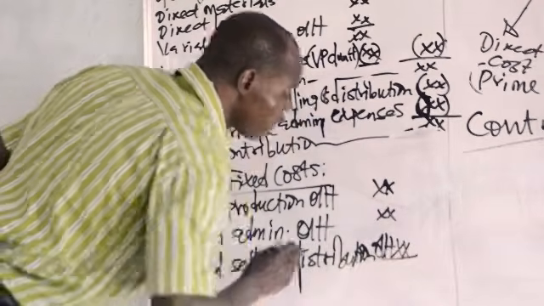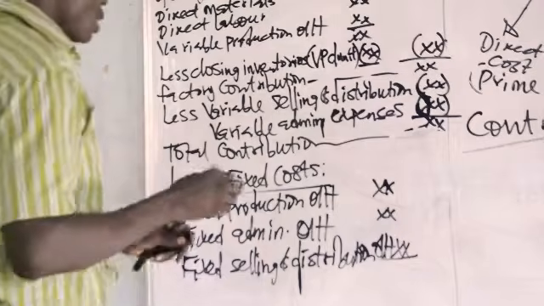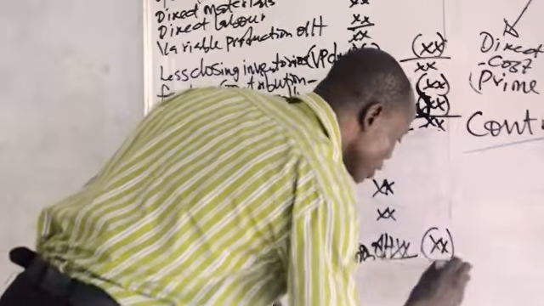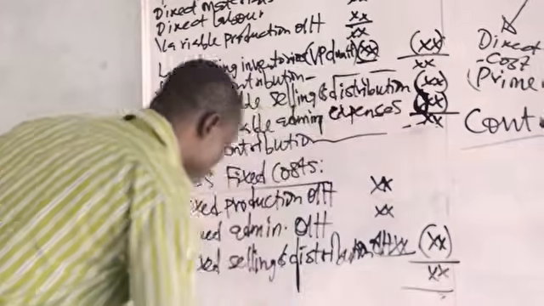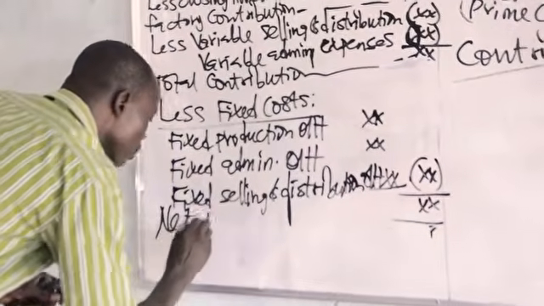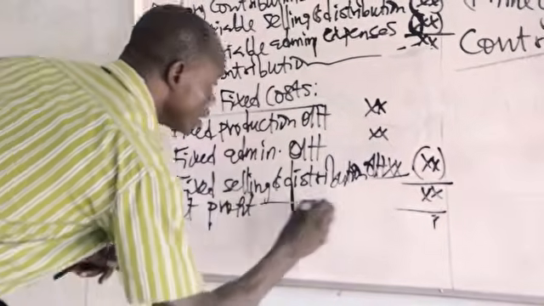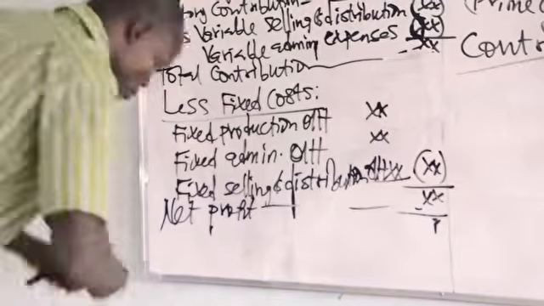You less all your fixed costs. When you less your fixed costs, you arrive at the net profit. That is marginal costing.